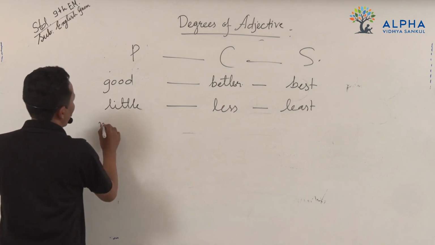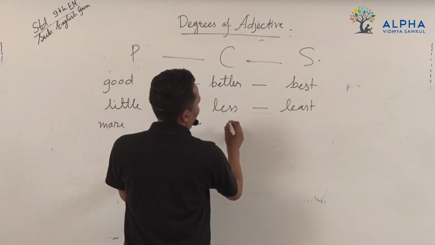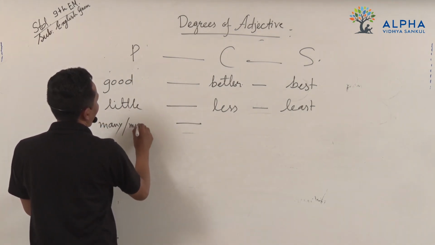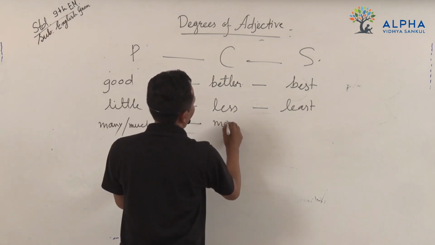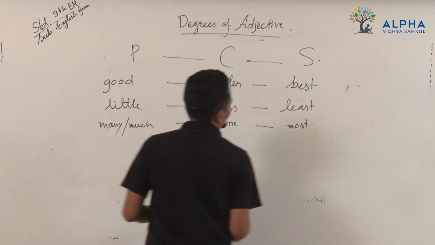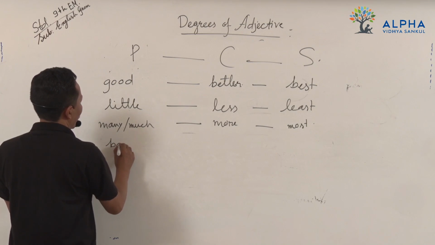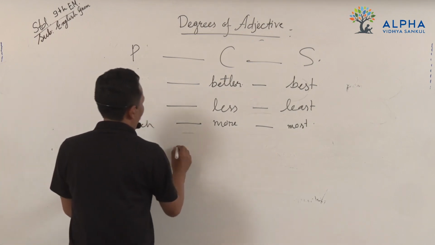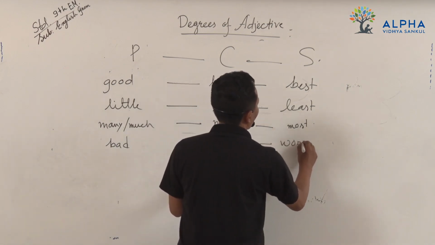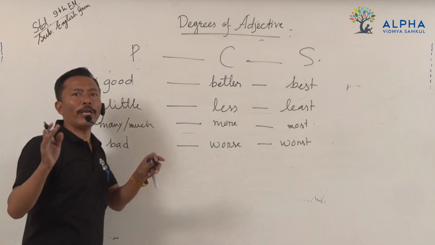Okay, many or much, more, most. Okay, then you can say here bad, worse, worst. They are the irregular adjectives. They don't apply the rules. They are different things.